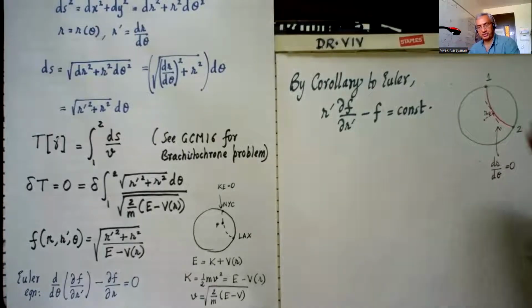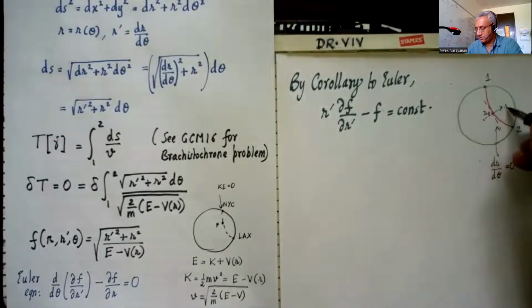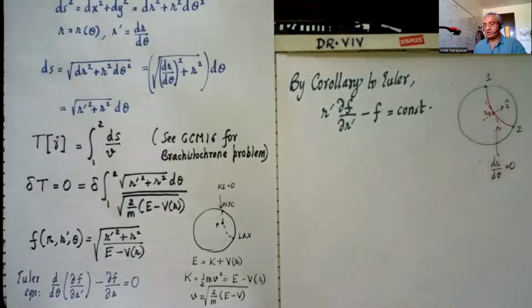That's the property of a tangent. The horizontal tangent tells you that the rate of change of r with respect to theta is 0. Elsewhere, the tangent is making an angle, and here the angle is 90 degrees with respect to the r vector. Okay, so here's the r vector. So we're going to use dr by d theta equal to 0.